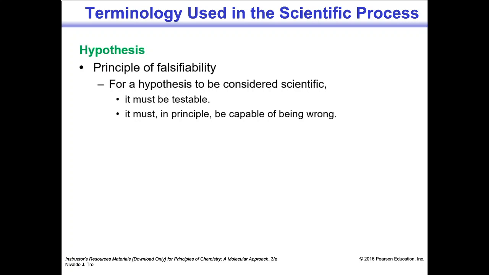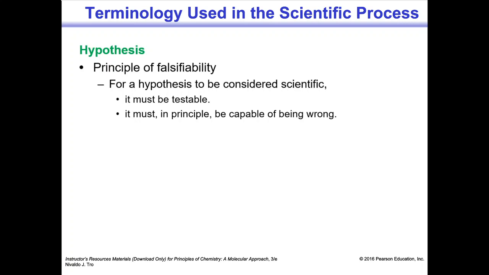It's almost like a question put into statement form. It has to be falsifiable, meaning a hypothesis has to be able to be proven wrong. If I say, if I use a prism with white light, I'll get a rainbow, that could be an example of a hypothesis. If I do that and I don't get a rainbow, then I've proven my hypothesis wrong. Or if I do get a rainbow, I've proven it correct. That's what I mean by falsifiable.